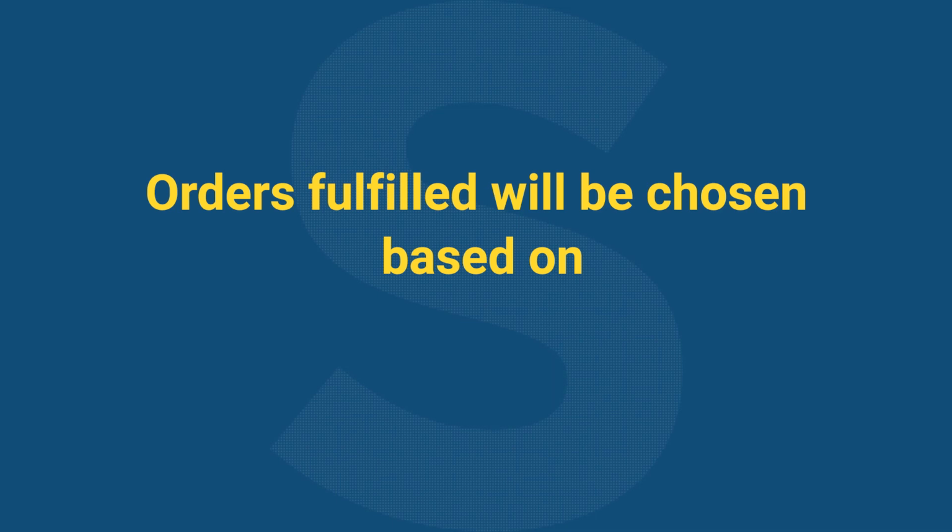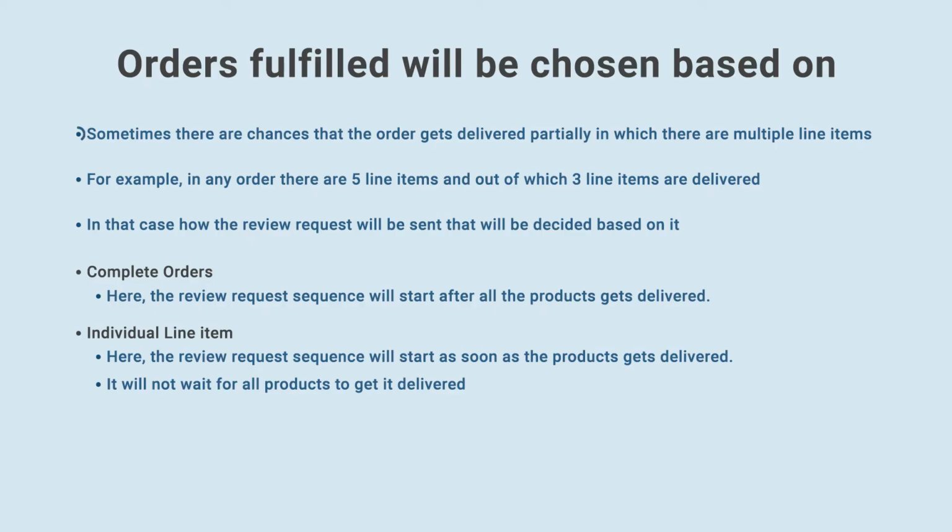Now time for another topic. Orders fulfilled will be chosen based on. Sometimes there are chances that the order gets delivered partially, in which there are multiple line items. For example, in any order there are 5 line items, and out of which 3 line items are delivered. In that case, how the review request will be sent will be decided based on it.